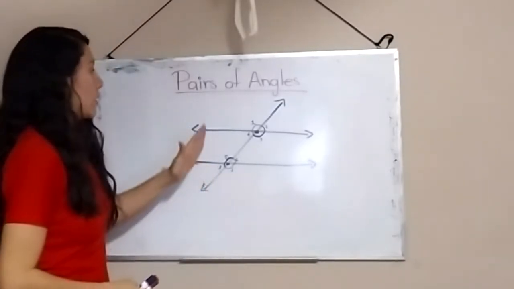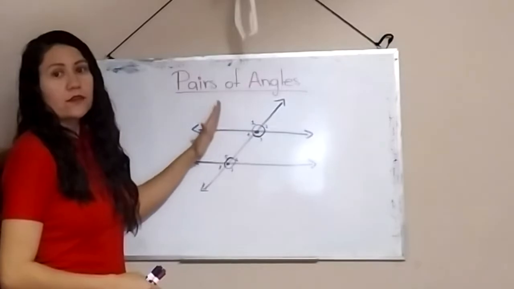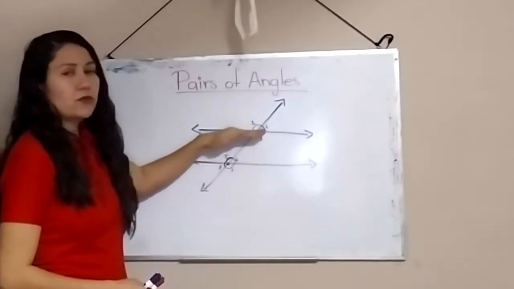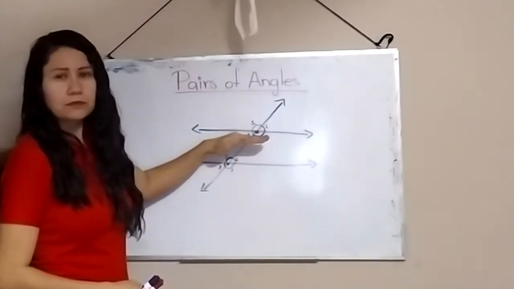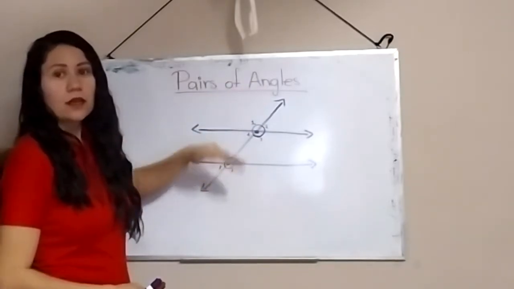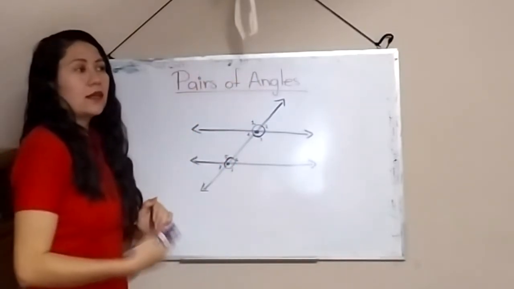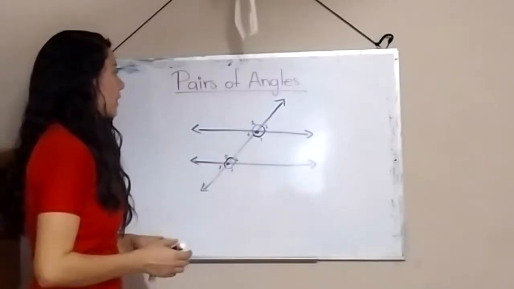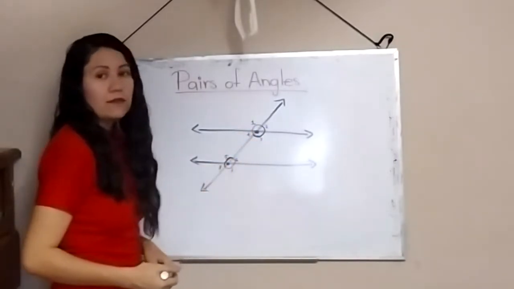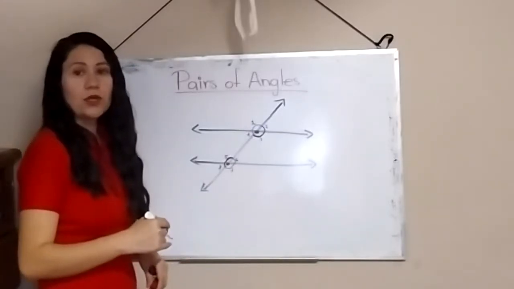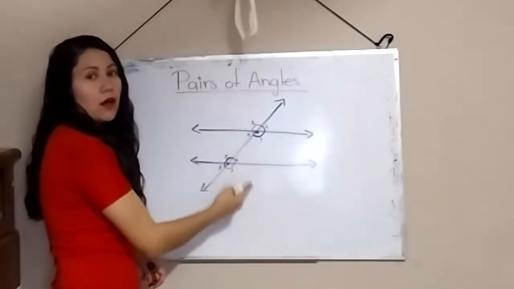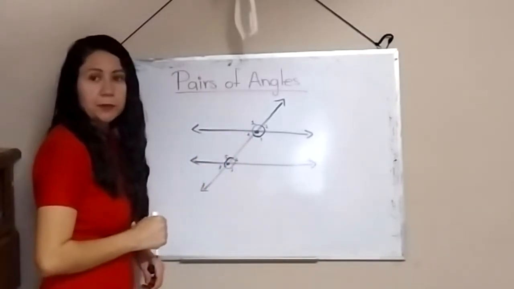Alternate means that they are on different sides of the transversal line. Interior, that they are in between the parallel lines, and exterior, that they are outside of the parallel lines. Knowing this, we would know that number 3 and number 5 are alternate interior, while number 7 and number 1 are alternate exterior.